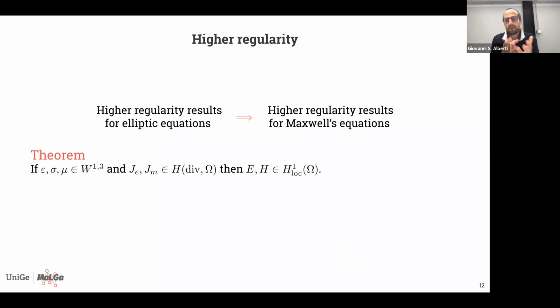So basically now here, I don't want to go into the details because they may become slightly technical. I'm just writing down the statements. Here, this was the H1 result. If you want an HN result here, you just need to put an N everywhere, basically. So instead of W13, you will have W1N and then you put an N everywhere. So you just increase the regularity everywhere.